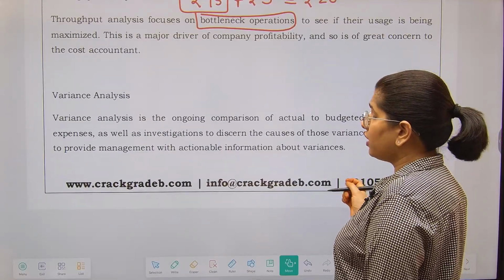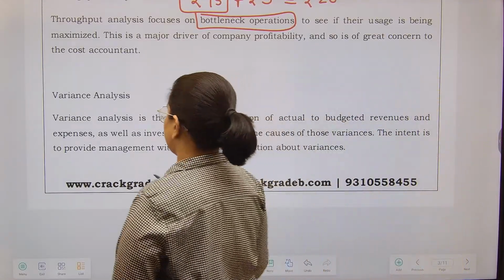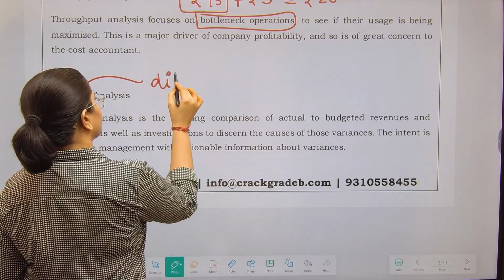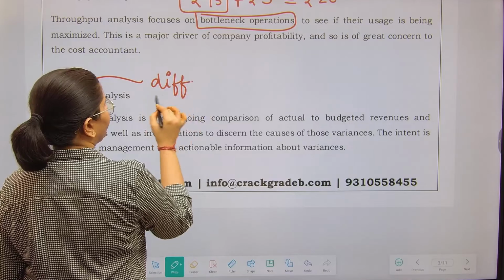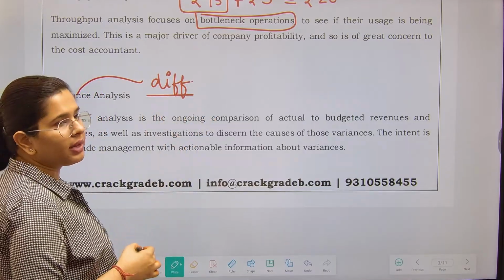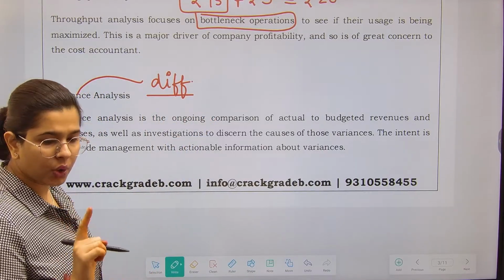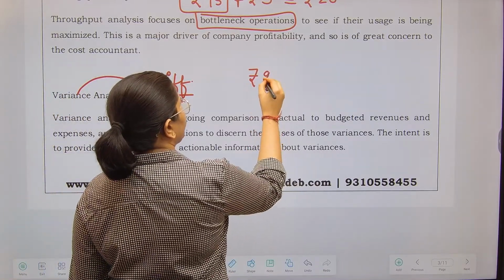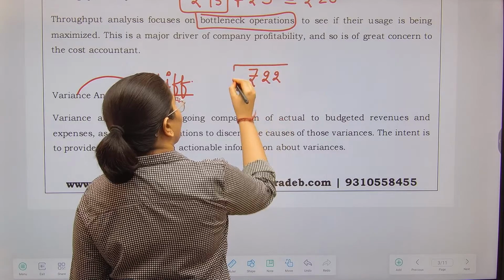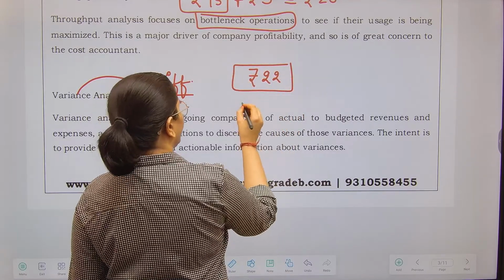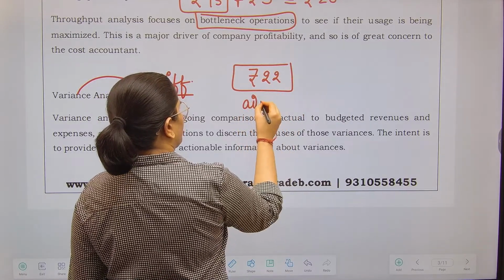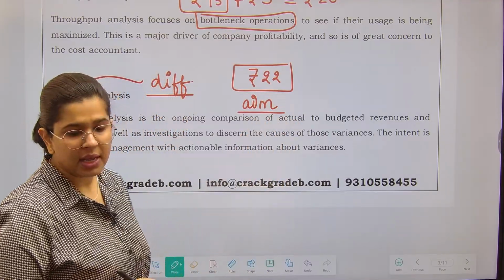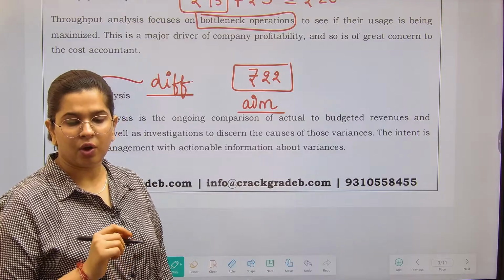Variance analysis, what? Variance means the difference. I have thought that my cost is going to be 22 rupees per product. मैंने सोचा था, this was my aim. This is what I aimed for, that the product that I am selling, 22 rupees will be the cost.